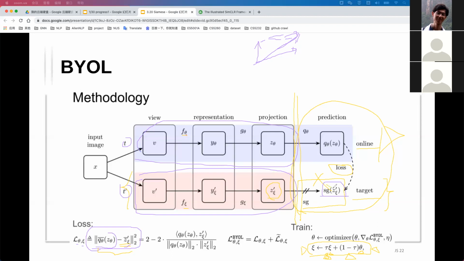I also don't know. Actually, SG means stop gradient. I also don't know why it is a stop gradient Z epsilon prime, why he used this, because in the loss function, it just uses the Z epsilon prime, not the SG Z epsilon prime.